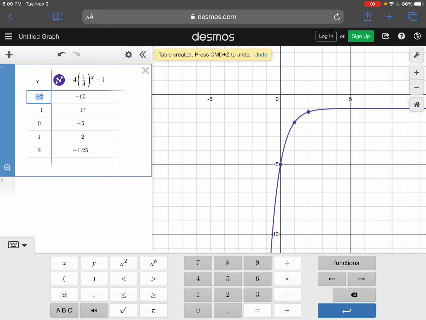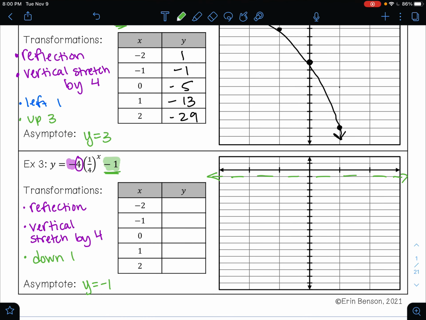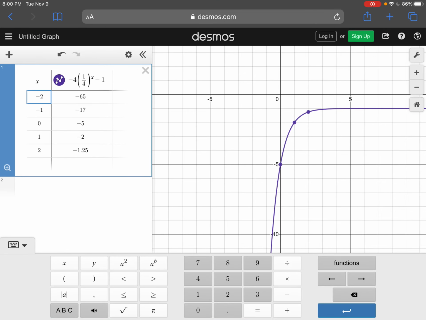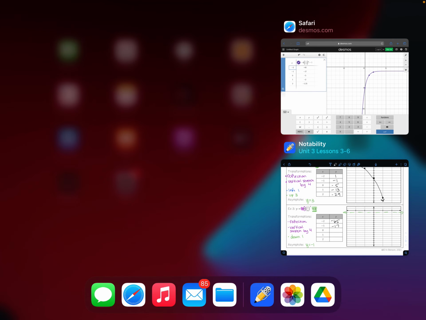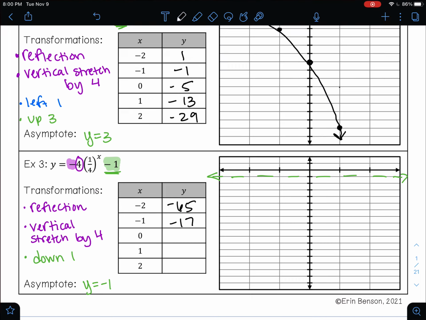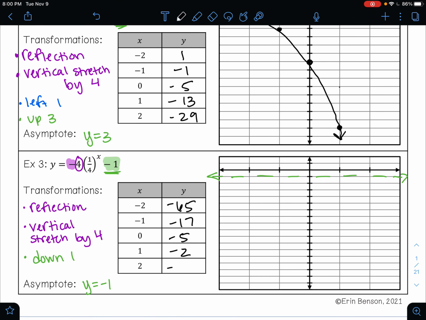So I have -65, -17, -5, -2, and -1.25. Again, only worry about graphing the ordered pairs that exist on the graph that you are given. So I have -1, -17.